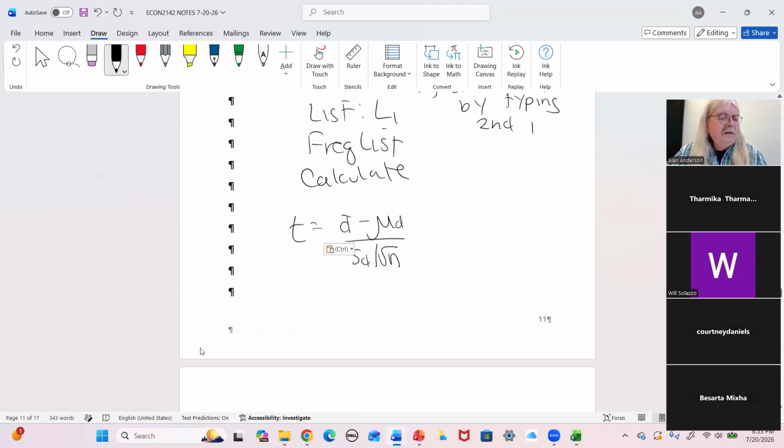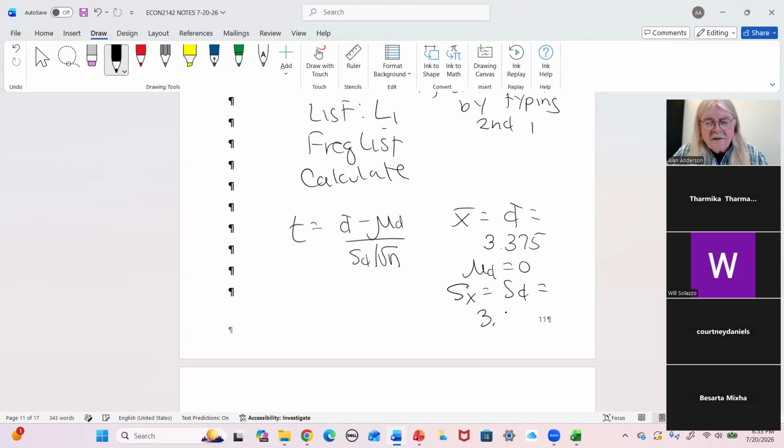What you're seeing here listed as X bar is what this formula is seeing as D bar. Mu D is 0. That's the hypothesized difference. SD is what the calculator is calling Sx, which is approximately 3.6228.